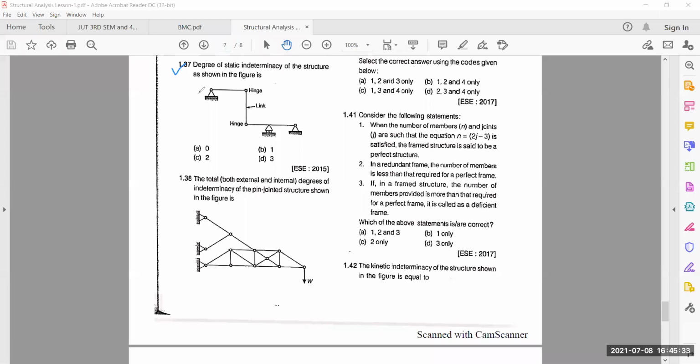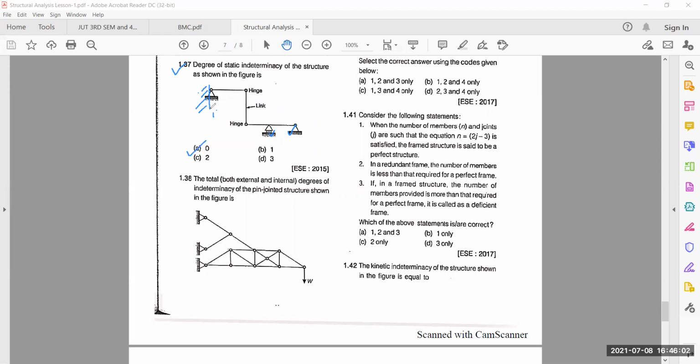Option A, 0. So the right answer is A, because the DS of this structure is 0. To see how DS comes out to be 0, remove this support and make this end a cantilever.